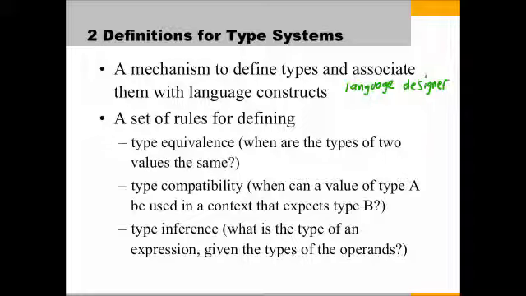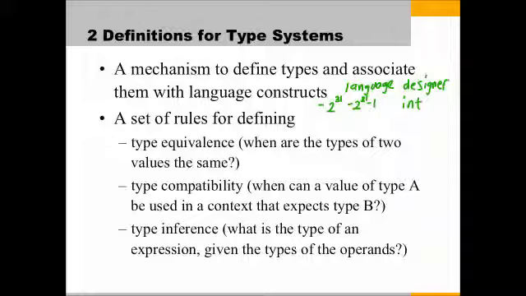So for example, you might define the language construct int, and then you associate that with the values minus 2 to the 32nd up to 2 to the 32nd minus 1. And you say those are the values associated with int. So in this case, I'm actually using a denotational approach for defining the int type.